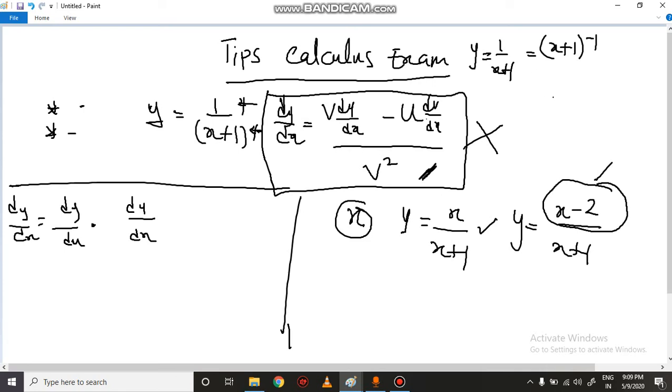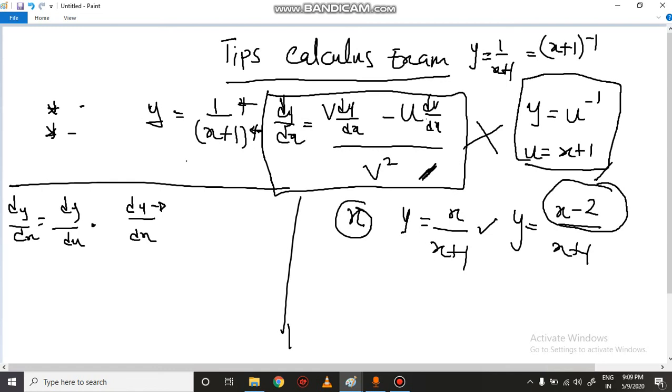We must represent what is in the bracket by u. So you can write that y equals u to the power negative 1, which means that u equals x plus 1. Hope you get it.